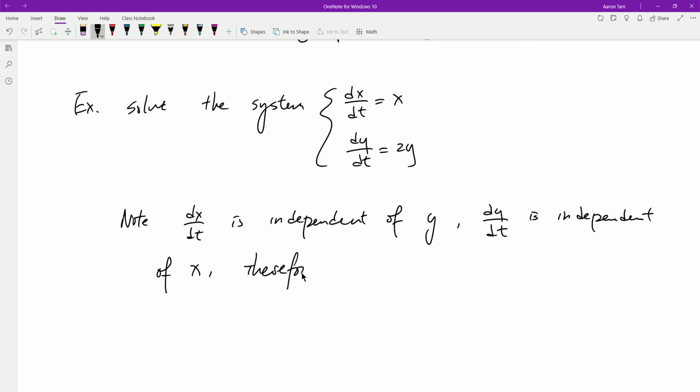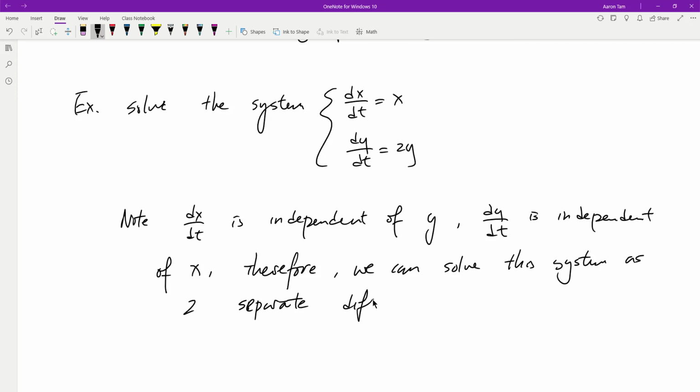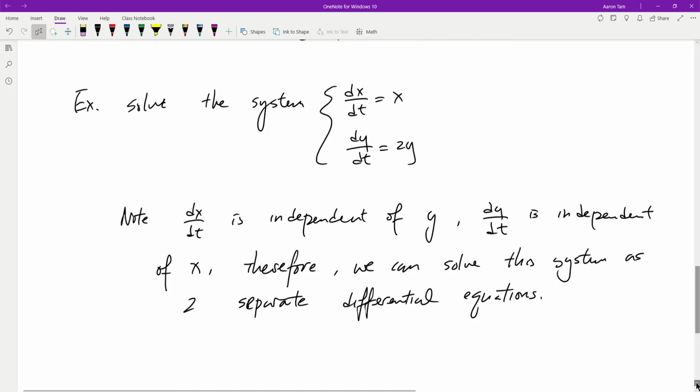Therefore, we can simply solve this system as two separate differential equations. And both of these differential equations are extremely easy to do. As a matter of fact, it should take you no more than, I would say, 20-30 seconds to solve both of these.